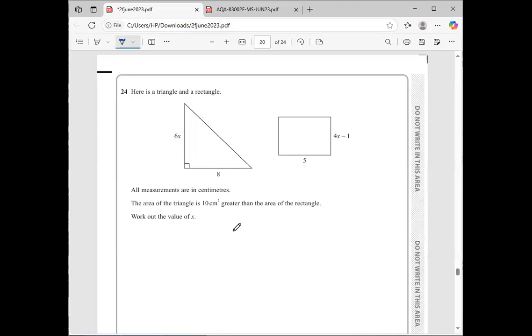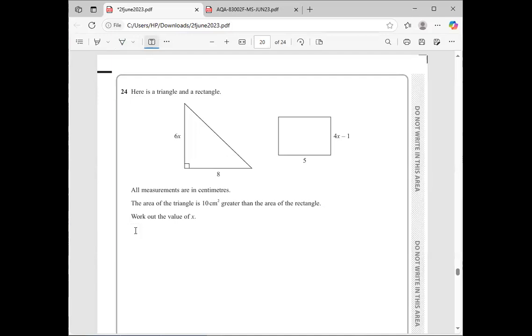So what would that equation be? Let me see if I can, let me use the text property.